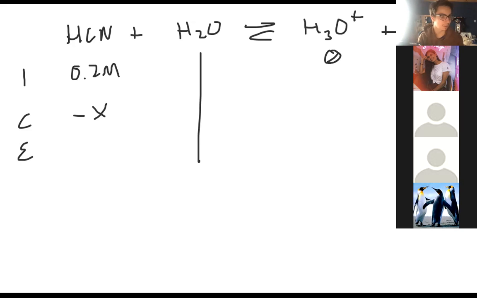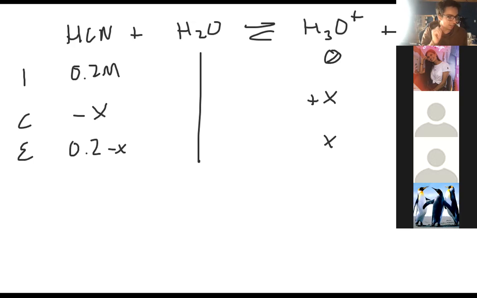And using our coefficients, 1 HCN, 1 H3O plus, 1 CN minus, we can see that we get an increase of plus X and plus X. So that when we reach equilibrium, we have 0.2 minus X, and then we have X and X. So that is our concentration at equilibrium.